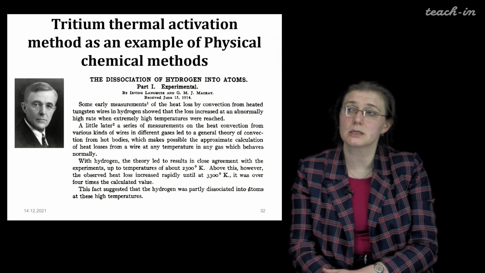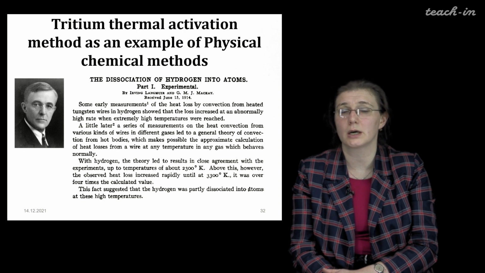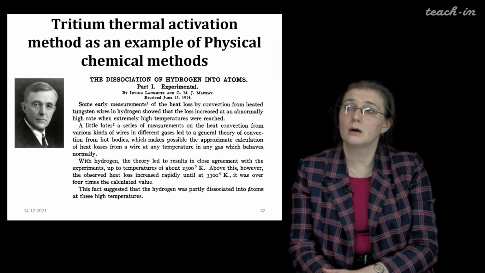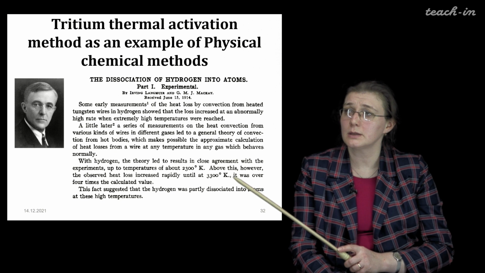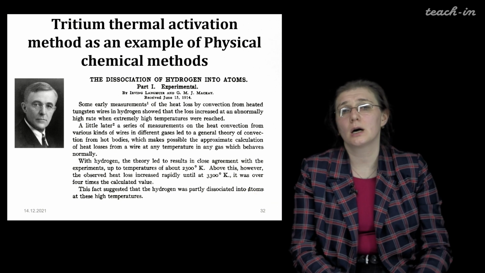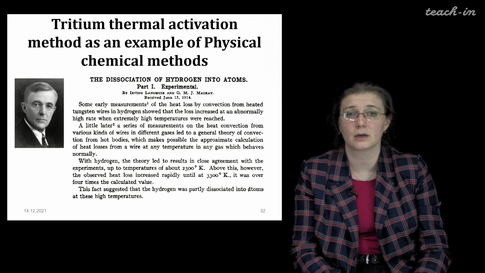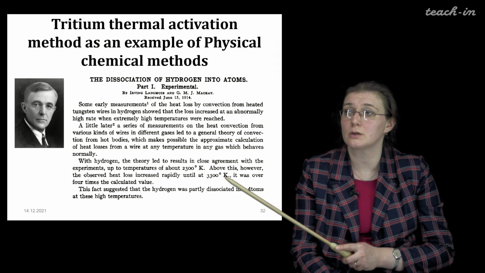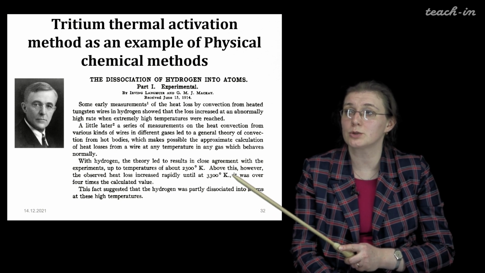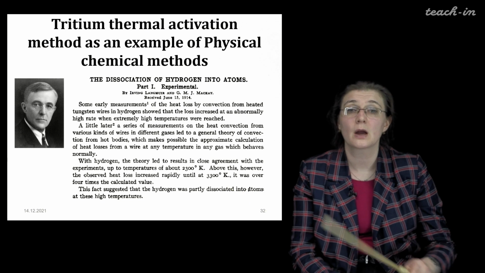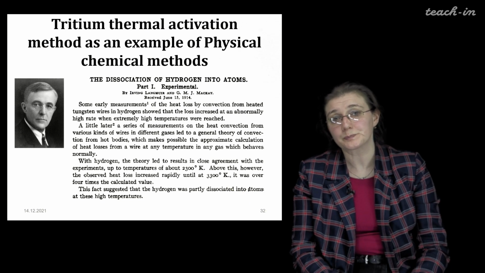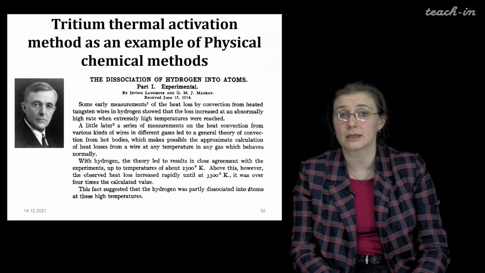This technique is based on Langmuir hydrogen dissociation into atoms. When Irving Langmuir studied the behavior of hydrogen at low gas pressure and in the presence of a tungsten catalyst, he found that at temperatures between 2000 and 3000 kelvins hydrogen can form atoms.